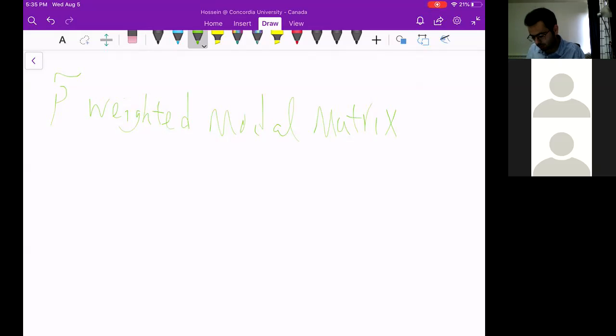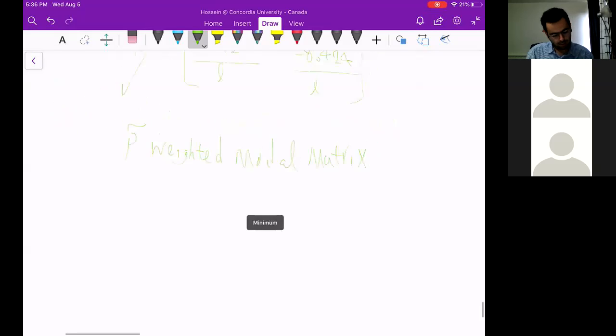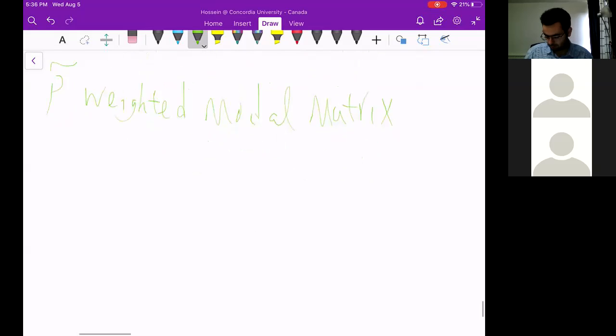Instead of P orthonormal, we just use the square root of M. For the weighted modal matrix, all you have to do is divide.